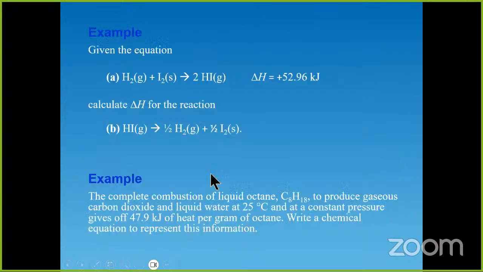All right. Okay, so based on what we have just covered, let's look at these examples. So the first question says, given this equation, we're given this enthalpy change. Then the question says you have to calculate delta H for this equation. All right, so my question to you is this.